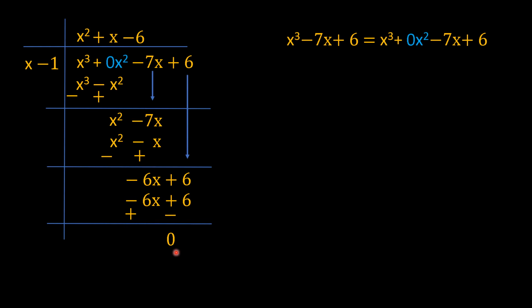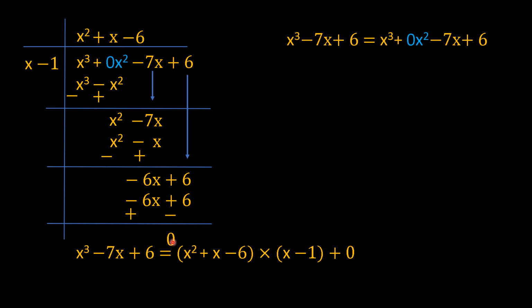Now we will write the dividend as x cubed minus 7x plus 6 equals the quotient, which is x squared plus x minus 6, multiplied by the divisor x minus 1 plus the remainder, which is 0.